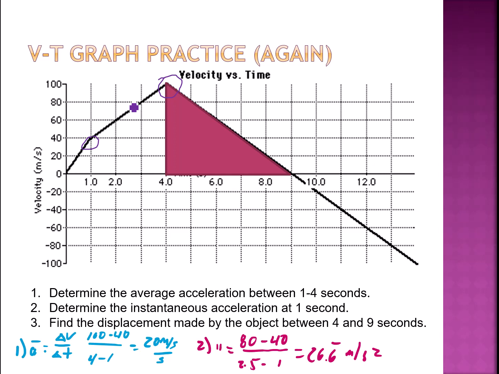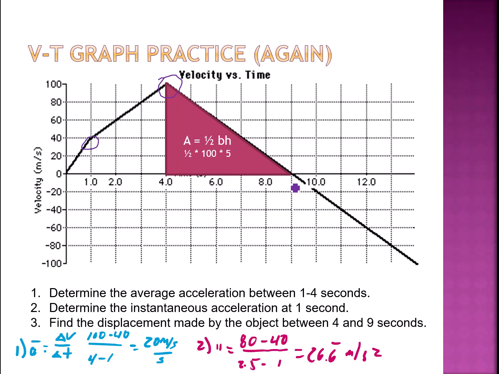And again, just like doing slope to go down, doing area to go up a graph is much more efficient and quicker. Because for this, I just calculate the area of a triangle, and it's 1/2 base times height. 100 is the y-axis, that's meters per second. Height, or base, got that backwards, sorry.